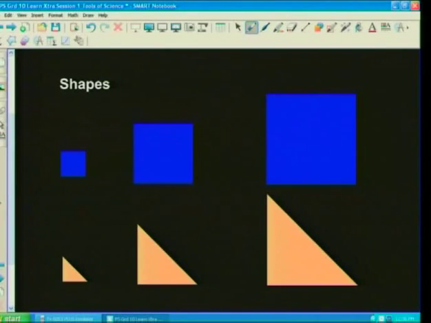Now, I've noticed that there are groups of shapes. One group of shapes has 4 sides. So we could think about the number of sides as being a variable. And the other thing that I've noticed is that some things are blue and some things are a yellow-orange color.